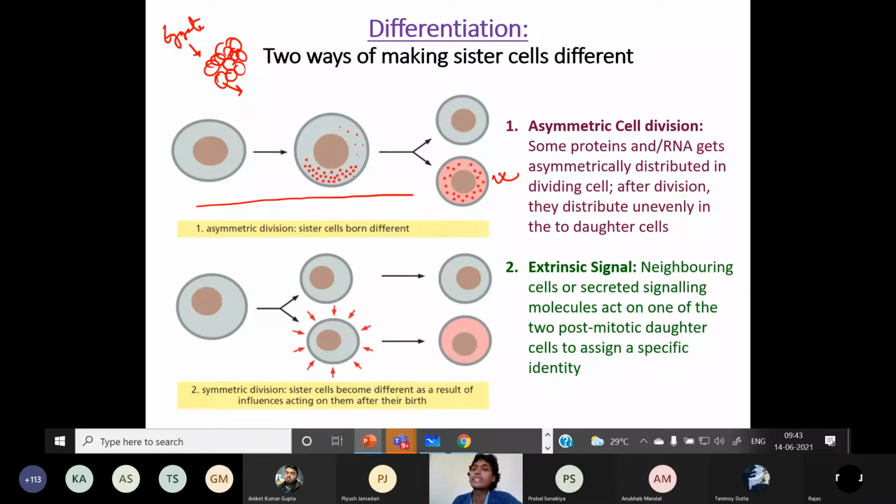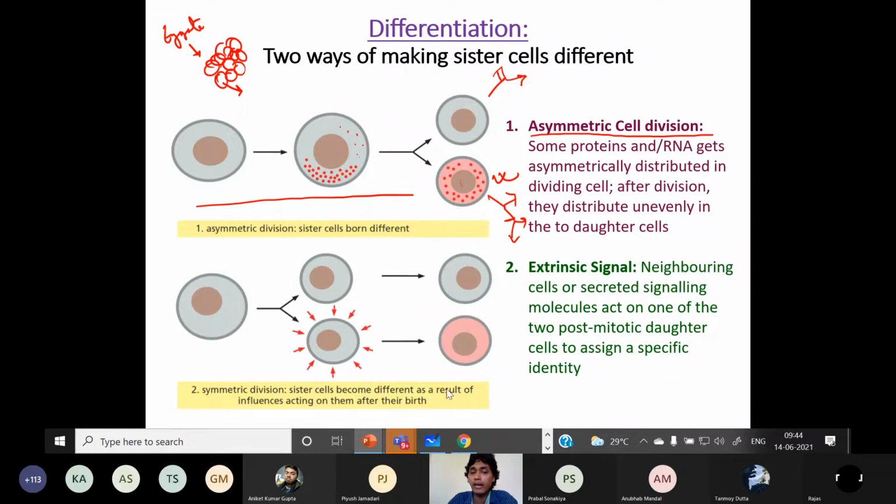It can be protein, it can be RNA. Most of the time it is protein. And this protein has some effect on its DNA. From the next generation onward, it will be diverted into a different direction. So that is happening everywhere in multicellular life forms, whether it is plant, animal, fly, or human. This is called asymmetric cell division.